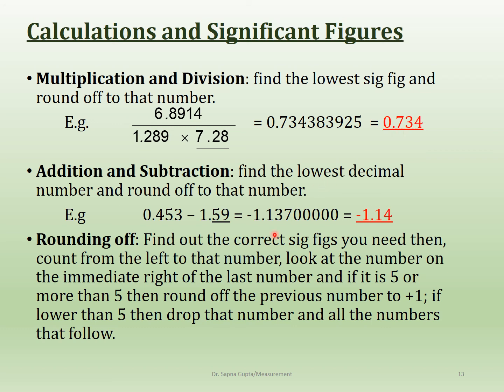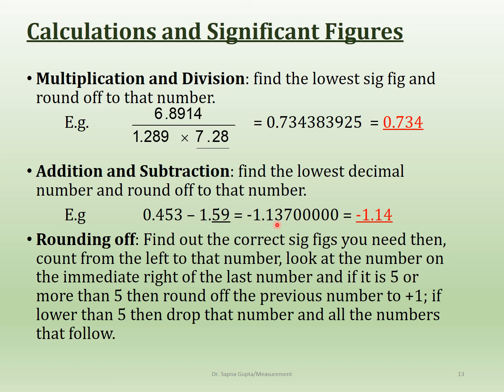If you're doing addition or subtraction, then you have to find the lowest decimal point and round off to that number. That means you're not looking at the total significant figures, you're looking at the decimal points. Here we have 3 decimal points, and here we have 2 decimal points. So by the time you do your calculation and come up with this huge number, you will eventually have to round off to 2 decimal points, not to 2 or 3 significant figures, but the decimal points.